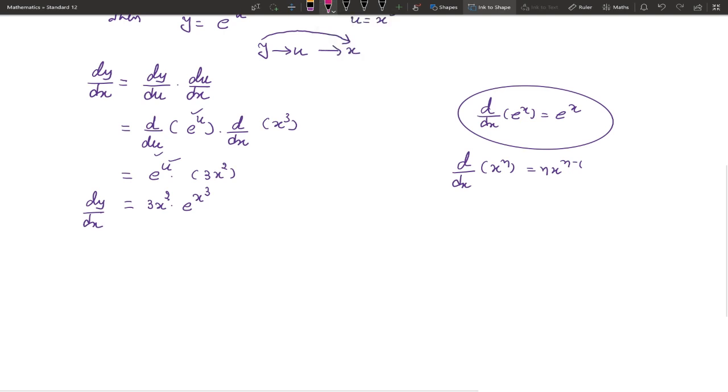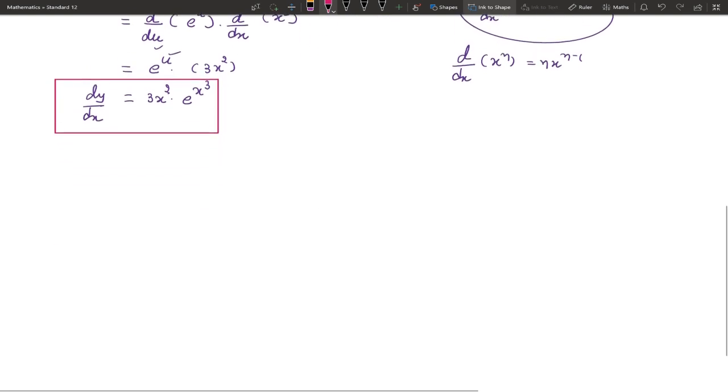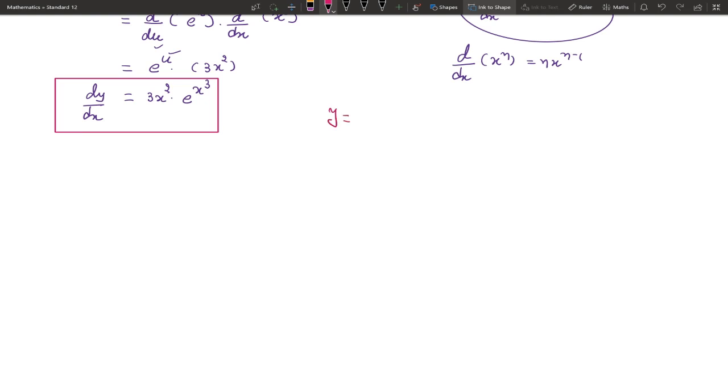But note that we will not follow this method when we differentiate y equal to e raised to x cube. When you differentiate y with respect to x, first we use the formula for e raised to x. The derivative of e raised to x is e raised to x, so e raised to x cube.